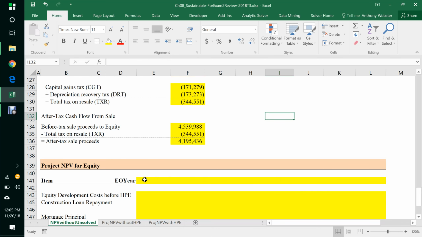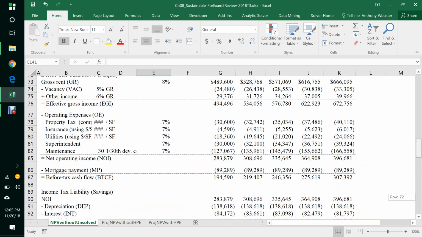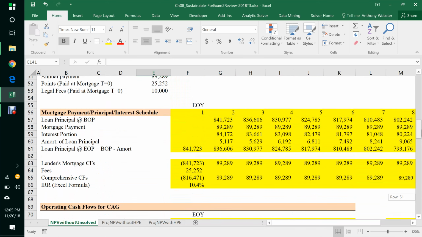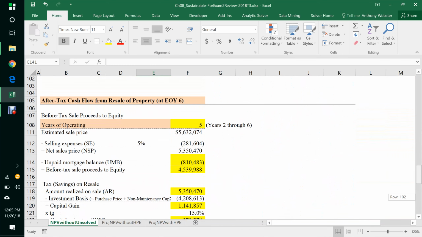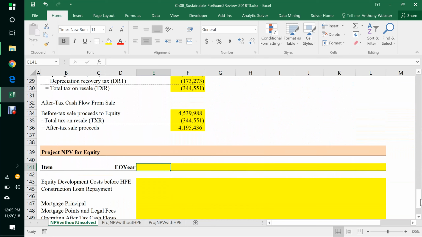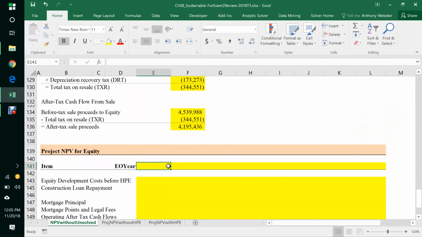All right, so first of all, let's make sure after all this great work, we don't screw up our years. So I'm going to look up above to my global year. I have EOY1 in F, okay? So that's going to make EOY0 in E. That's looking good, okay?